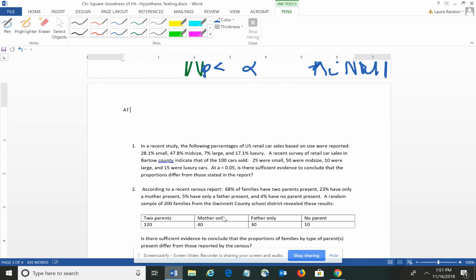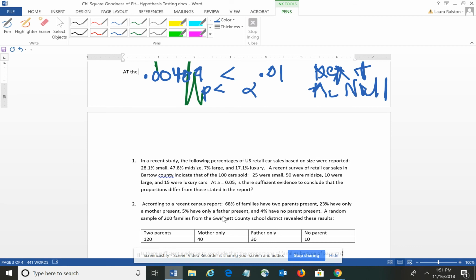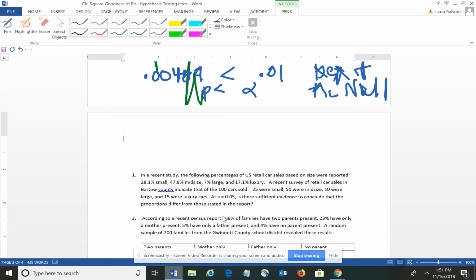So we would have at the 0.01 level of significance, there is a preference in the popcorn flavors.